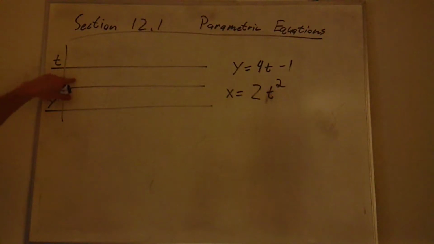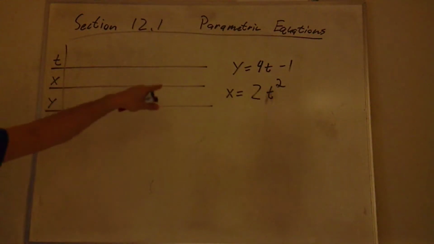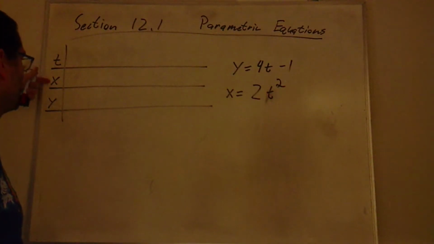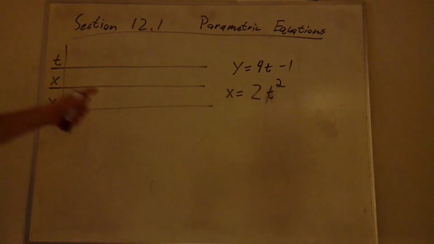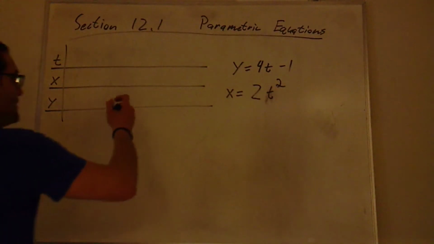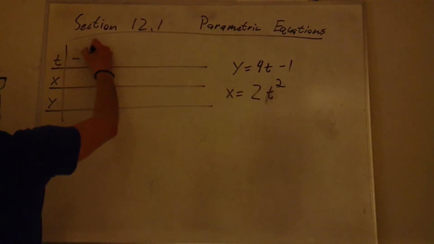Instead of choosing a collection of x values, x is not my independent variable. It's not the input anymore. T is the input. So I'm going to choose a collection of t values that I think will fit nicely into this function. I think I can probably get away with 7 of these.